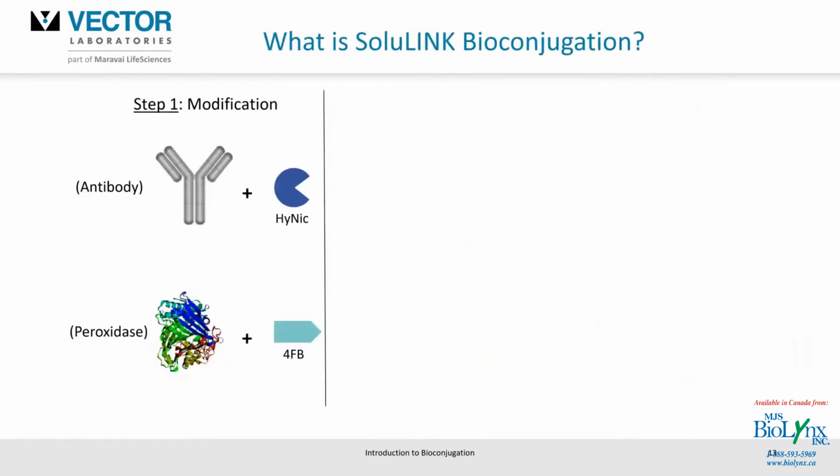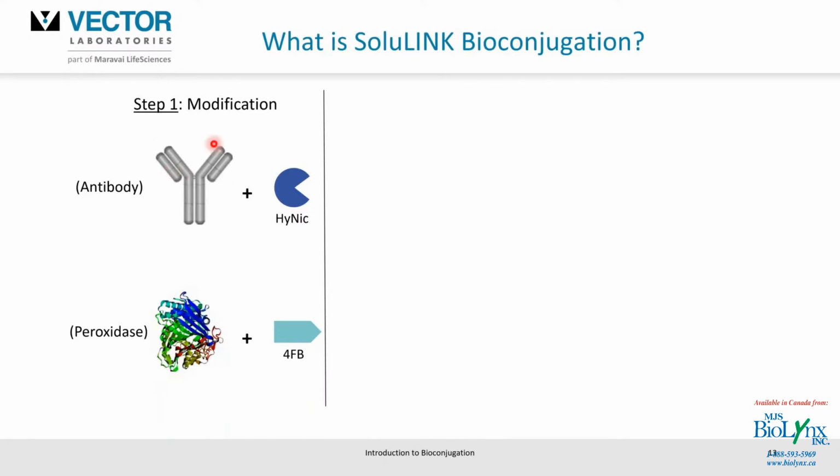The question I've got here: what is Solulink bioconjugation? Let me walk you through this slide. It's really a couple of different steps, but it involves the use of a molecule called HyNic and another molecule called 4FB. Obviously these are abbreviations for much longer chemical names. Let's break it down, using the example we've been using since pretty much the first slide of the webinar.